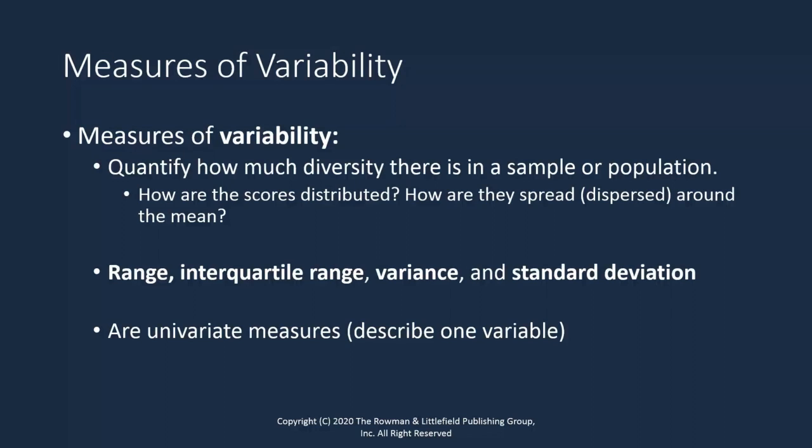How are the scores distributed? We learned how to visualize this as histogram data or bar charts previously, and now we're quantifying that using these measures of spread or dispersion or variability.